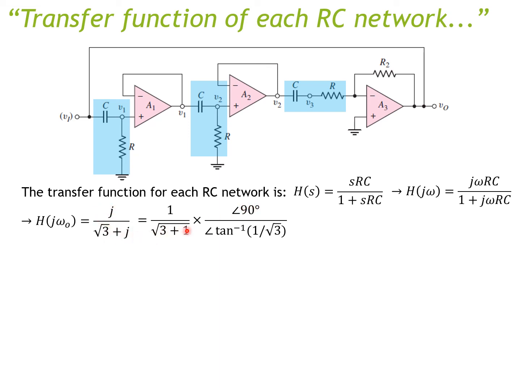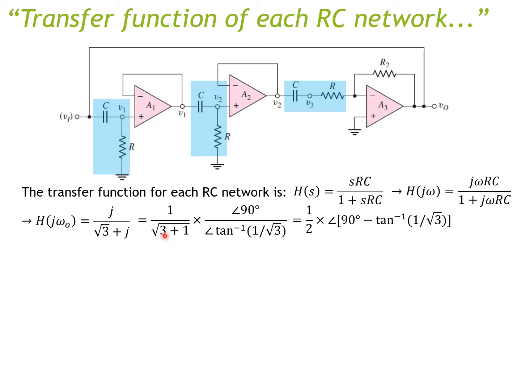The second phase, from the denominator, will be inverse tan of 1 over square root of 3, b over a.